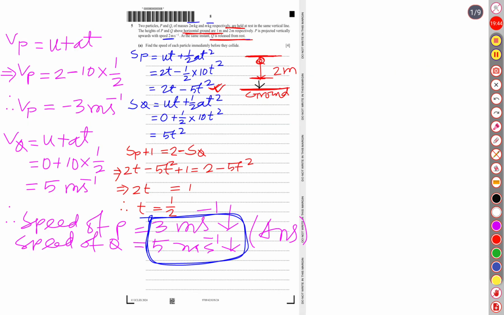Look at this, it's all about p. P was this is the displacement. That means sp plus 1 means this one. We can pick up from here. This was the height of particle P from the ground. So 2t minus 5t square plus 1.